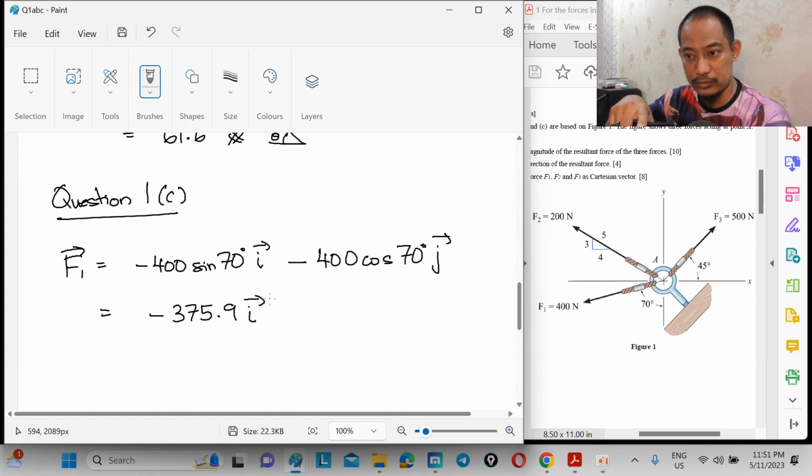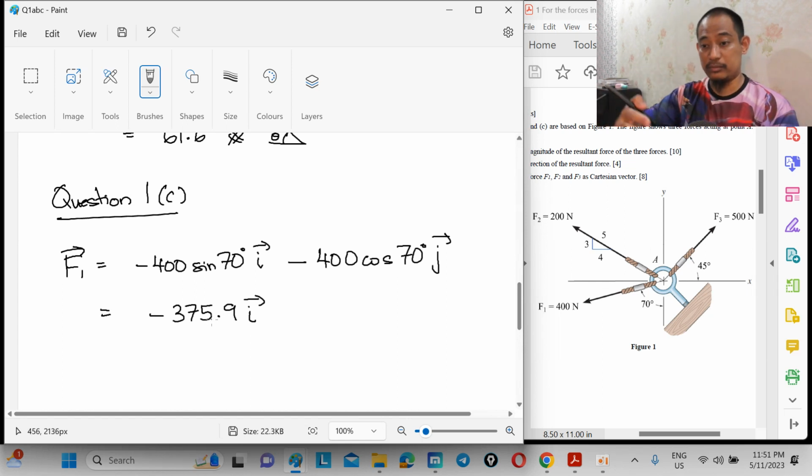But if you do Cartesian vector form first to answer part A to get the resultant, this significant number is not enough. Normally I would consider one decimal point is not enough, so you have to take more, just like we have done earlier. It depends where you are doing this. As a final answer, this should be sufficient.